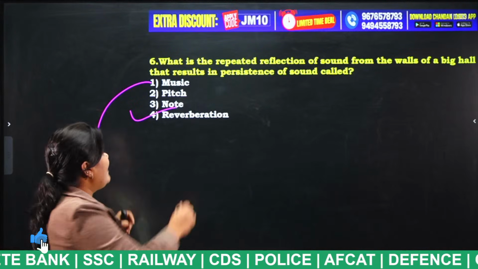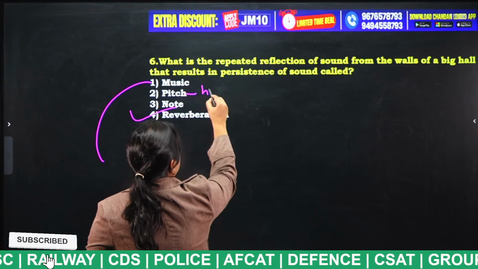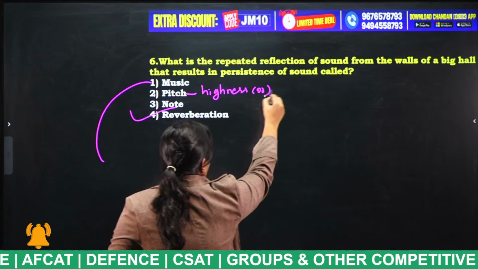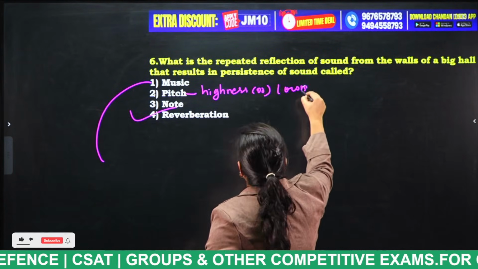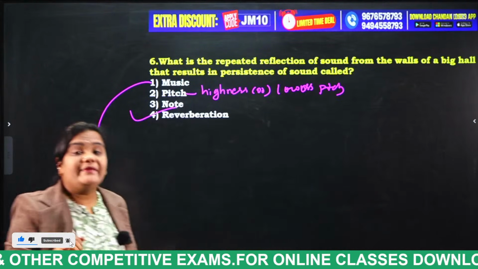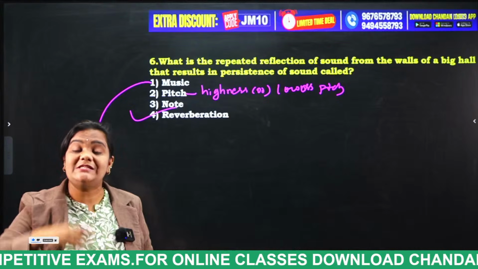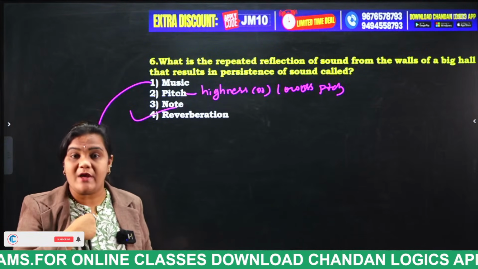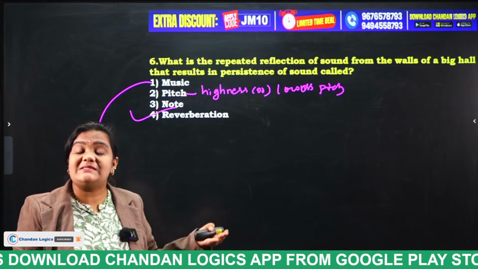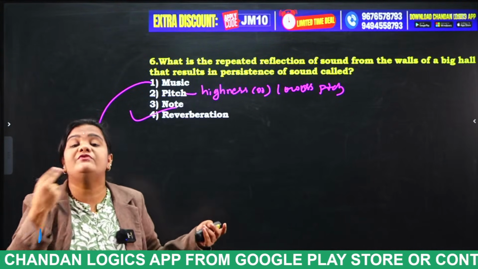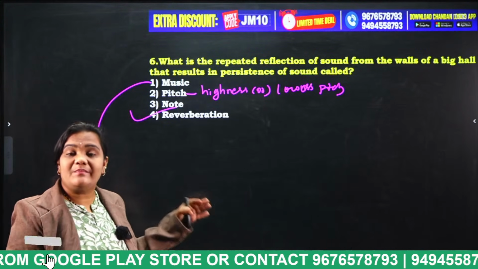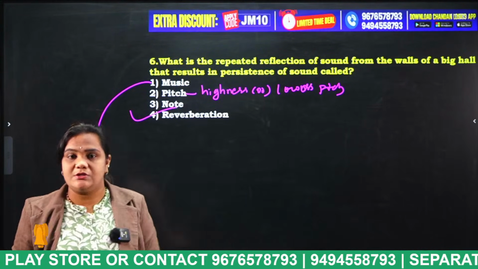Music. And what do you mean by pitch? Highness or lowness of sound, we call it what, students? Pitch. For example, the pitch of the female voice is more than the pitch of the male voice, or the pitch of the lion's roar is less than the pitch of the female voice. Very important concept, which is nothing but highness or lowness of sound.